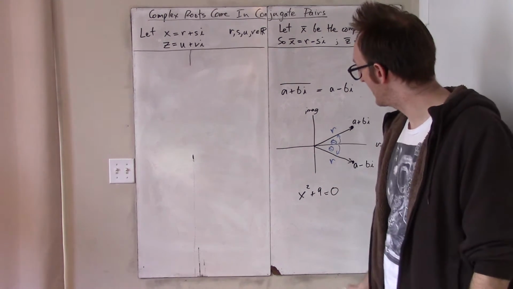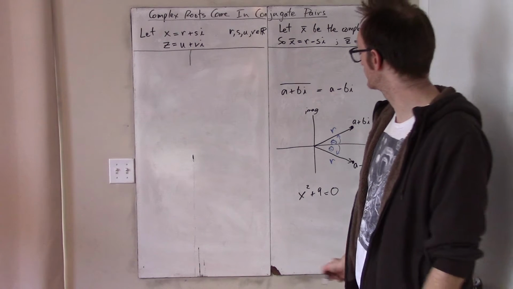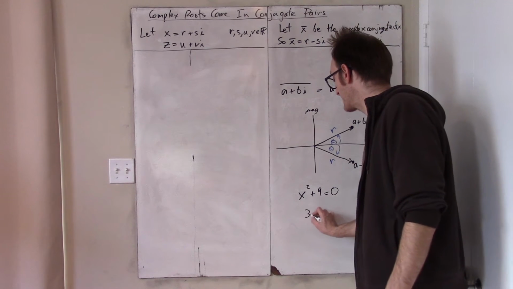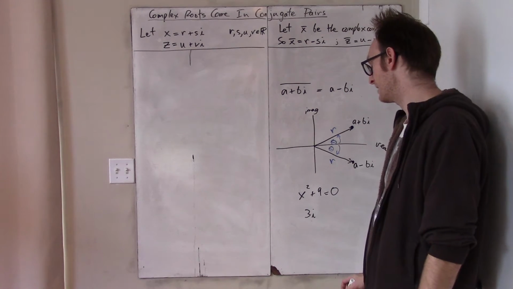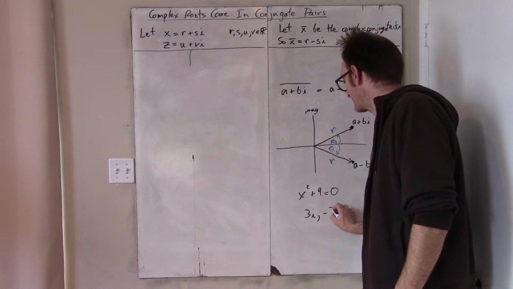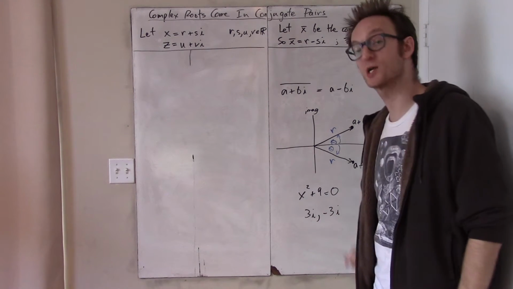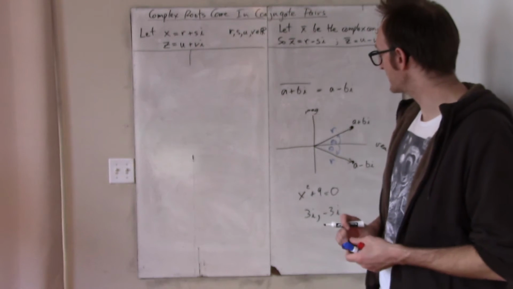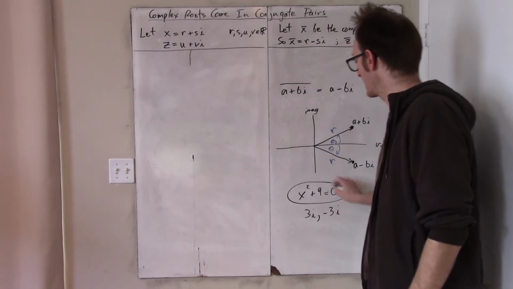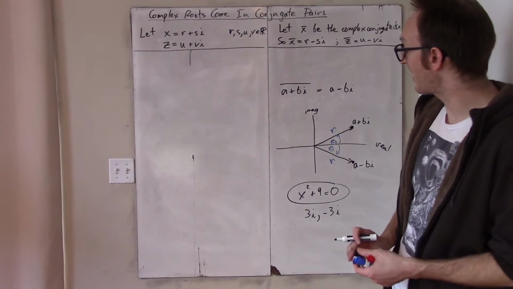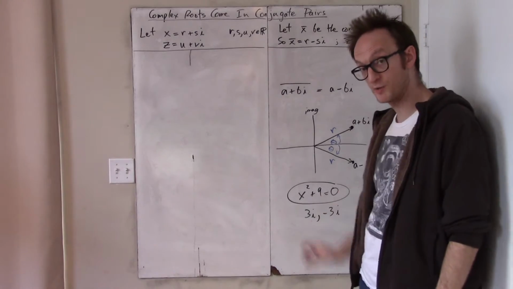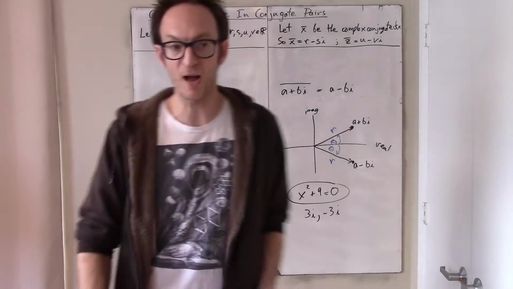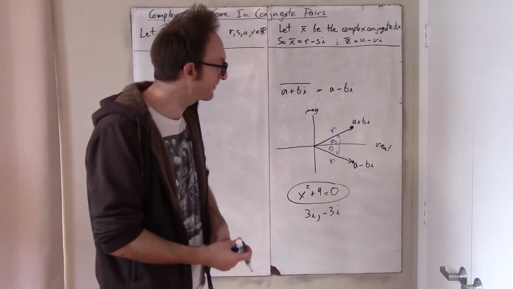What are the solutions to this equation? 3i is a solution, of course, but so is negative 3i, and in fact these are conjugates of each other. Because this equation involves just real numbers, all the coefficients of the polynomial are real, it kind of can't tell the difference.